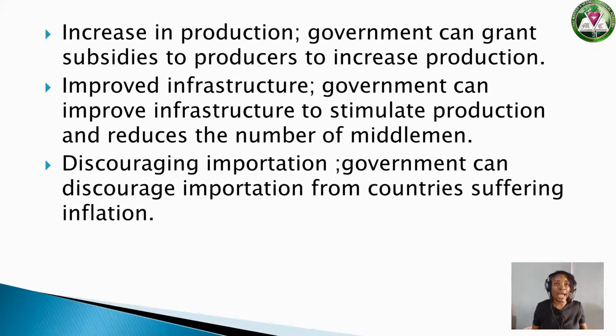So you see them bridging the gap between the producers and the consumers, and they will add their transportation fare and the amount of money they spend in going about. Thereby, it will reflect in the price of goods and services.